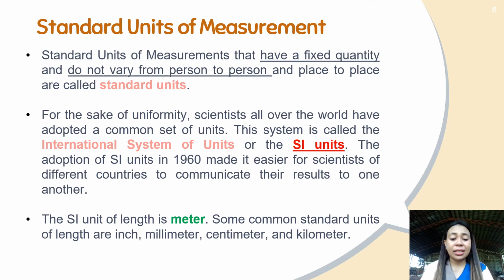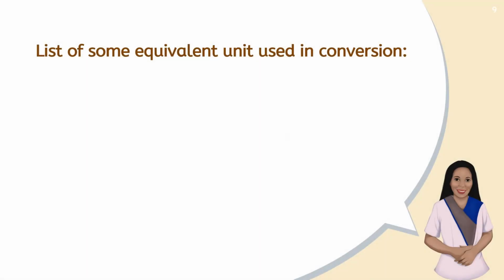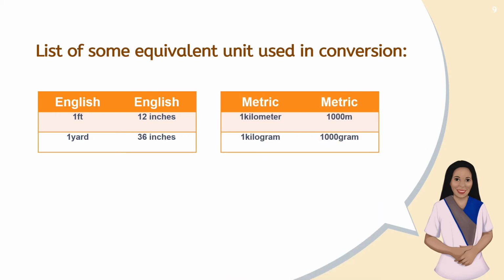As standard units, they have their respective conversions. Here is the list of some equivalent units used in conversion. We have the English to English system. For example, 1 foot is equivalent to 12 inches, and 1 yard is equivalent to 36 inches.